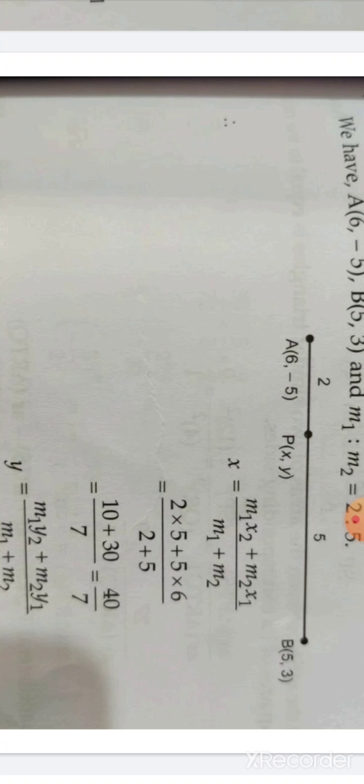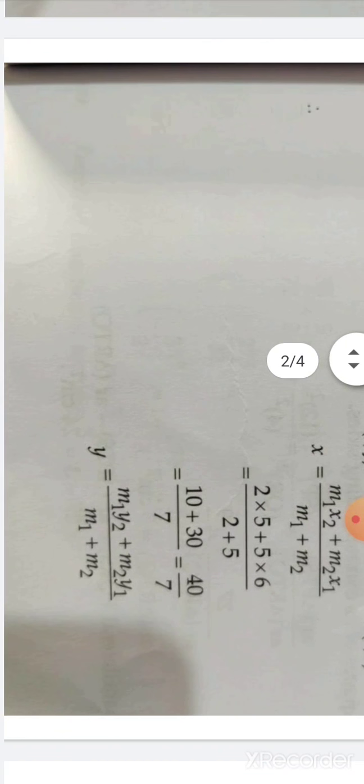Now 5 twos are 10 plus 5 sixes are 30, in division 5 plus 2, 7. So 40 by 7. Now y is equal to (m1 y2 plus m2 y1) upon (m1 plus m2).